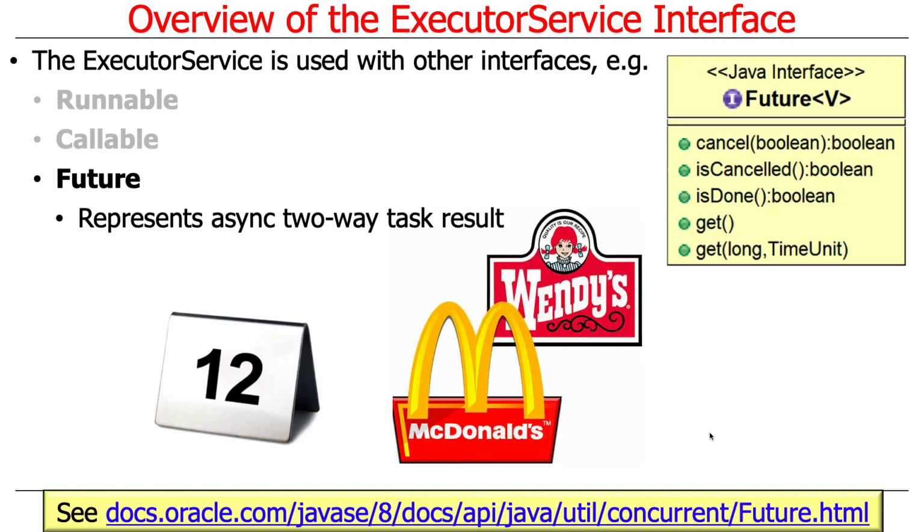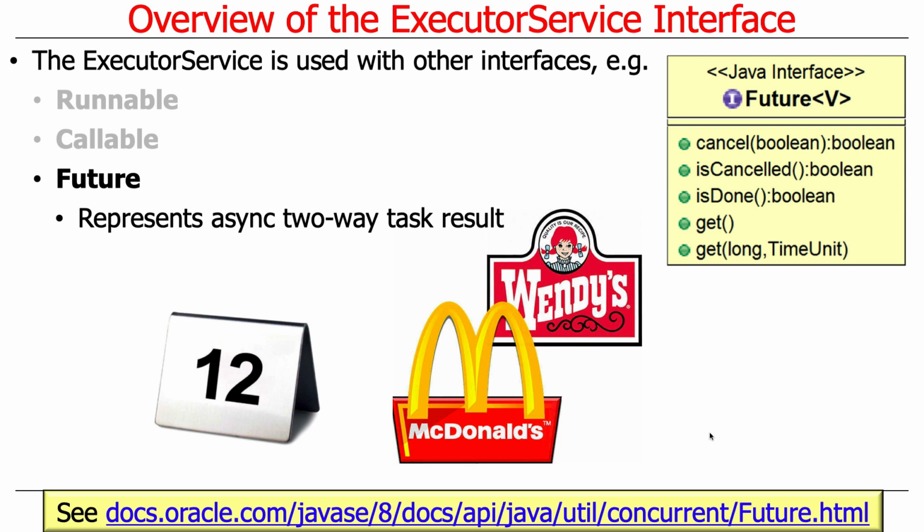The third interface that I want to draw your attention to is called the Future. This is a really interesting mechanism. I'll spend a little time trying to explain it because it's a little non-intuitive at first, although once you see the metaphor, hopefully it'll be clearer. A future represents the result of an asynchronous two-way task. What does that mean?